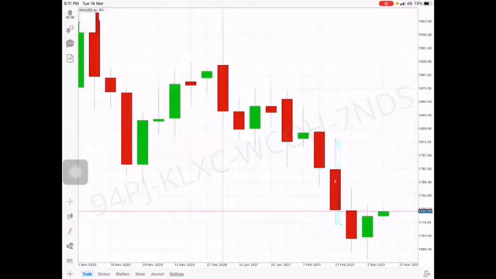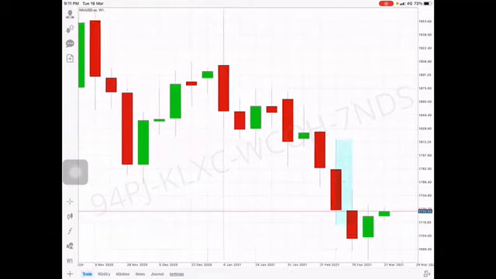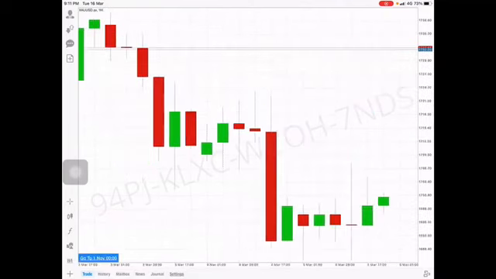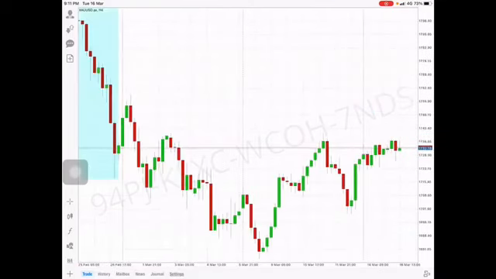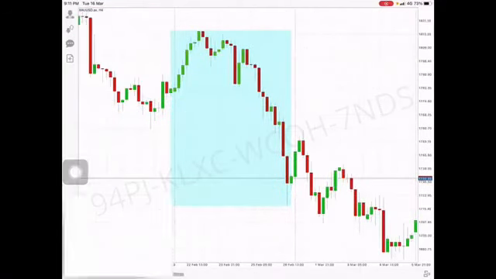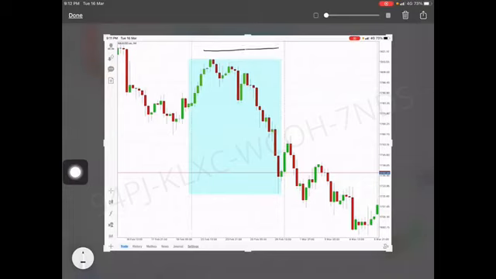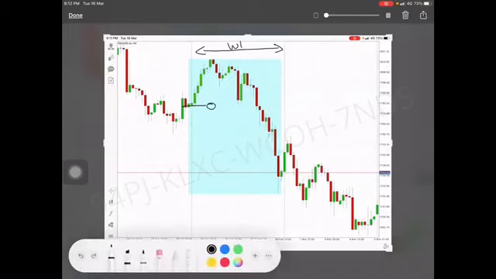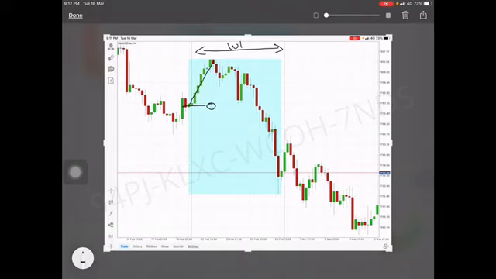Now it might be a little bit confusing, but I'm going to show it to you in the chart. All right, so let's use gold at the weekly, and let's take just one candlestick and go to H4 or daily.